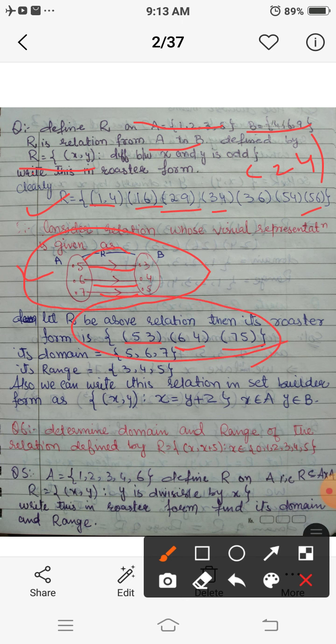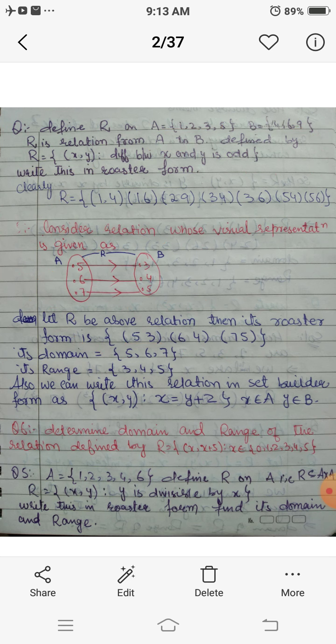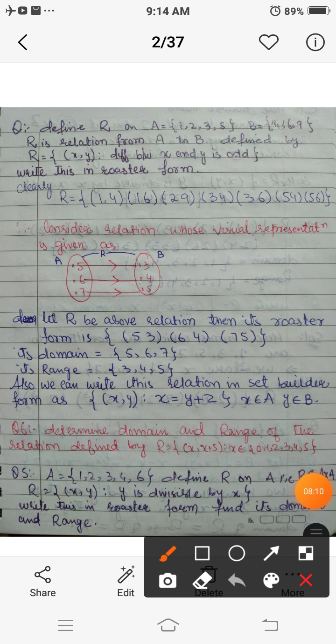Now its domain is the set of first entries, {5, 6, 7}, its range is {3, 4, 5}, because range is simply the set of second entries. Also in set-builder form we can write this as (x, y), such that x belongs to A, y belongs to B, where x is given by y plus 2. When we put y equals 3, x is 5.